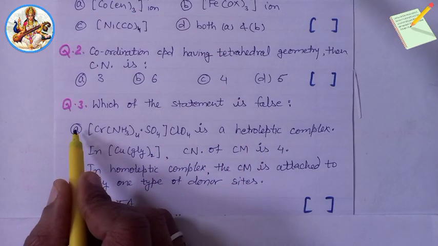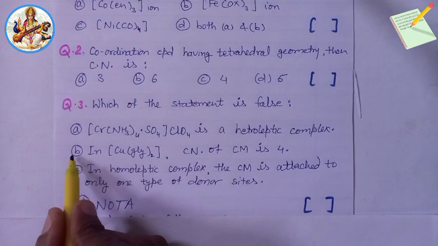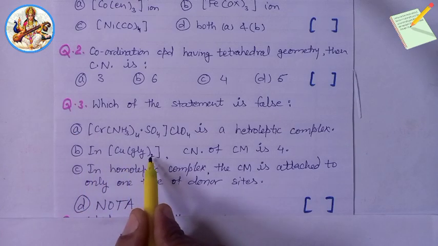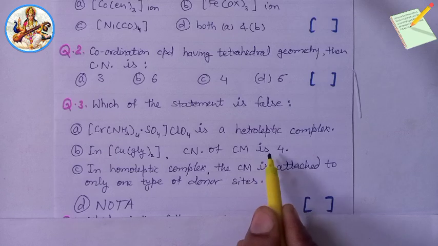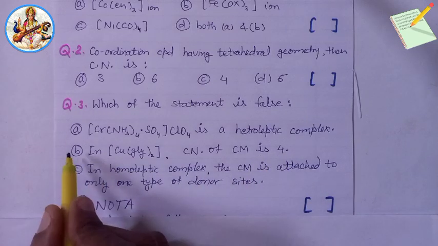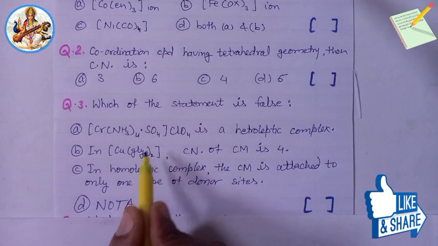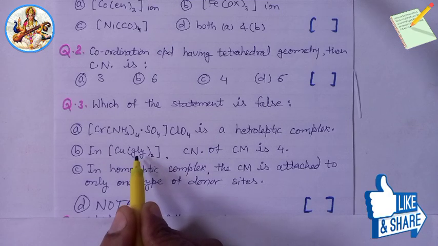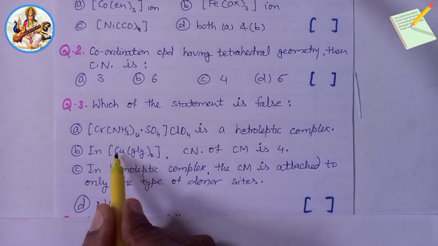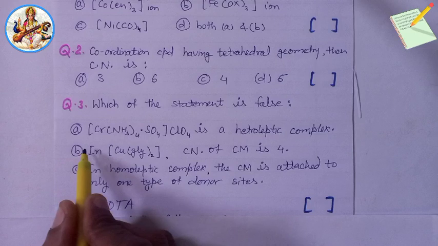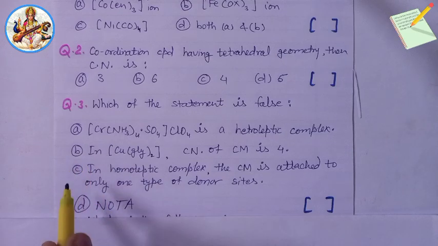It is a true statement. In option B, in [Cu(gly)2], the coordination number of the central metal is 4. It is also a true statement. We know that glycinato is a bidentate ligand. Therefore, the coordination number of Cu is 4. So it is a true statement.